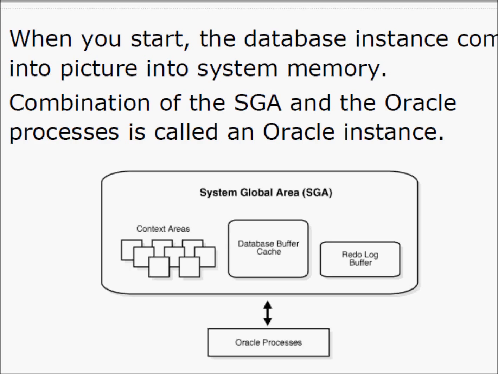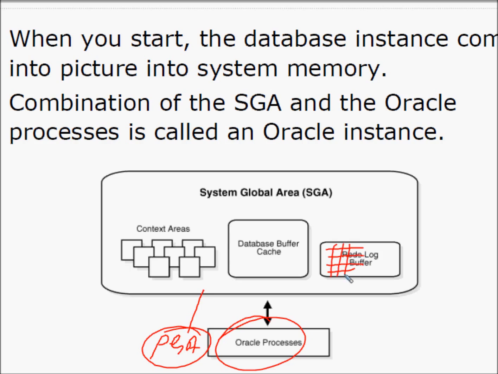There are some Oracle processes, and all Oracle processes have a PGA also, program global area, and they all use this. Even there are some other background processes like pmon or smon, system monitoring and process monitoring. You can see the context area, database buffer cache and redo log buffer. So if any changes happen, they happen here first, in the redo log buffer.